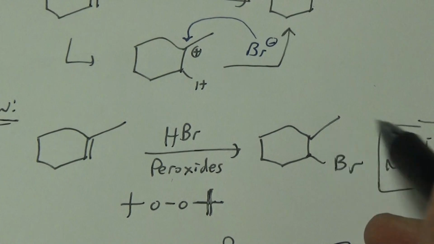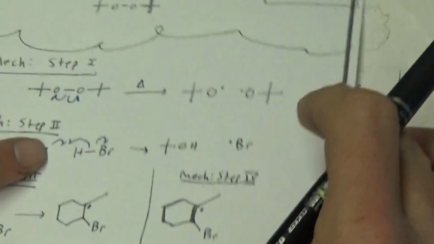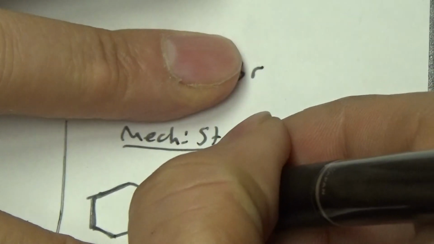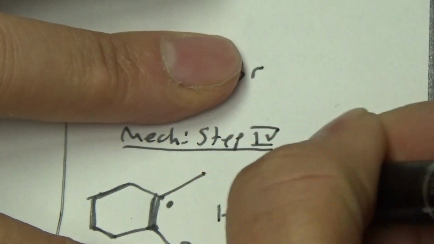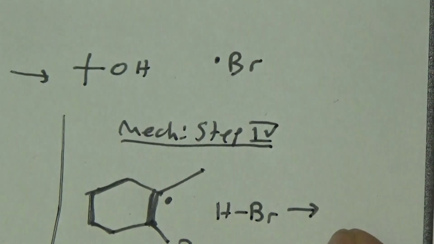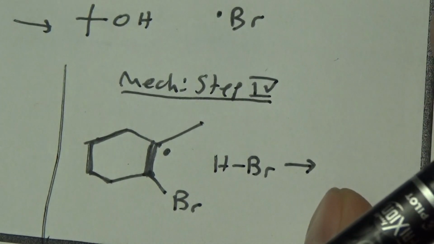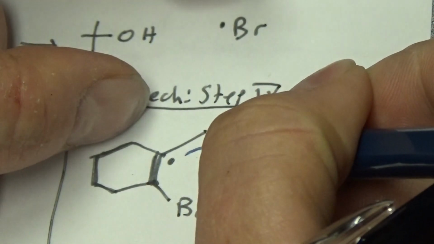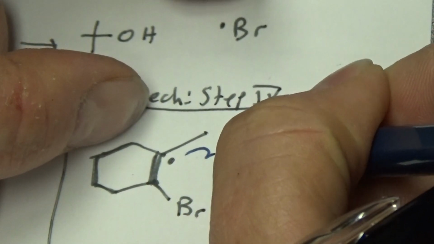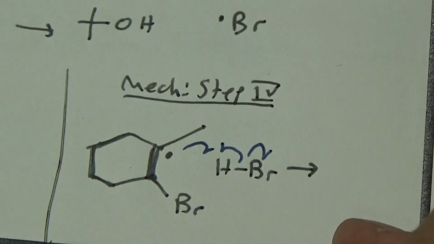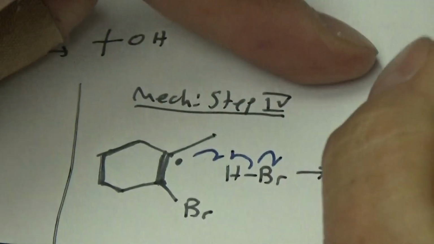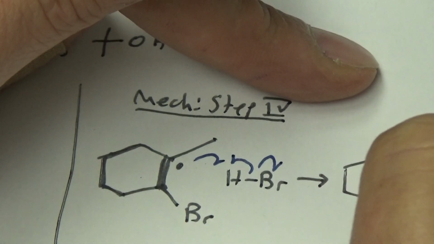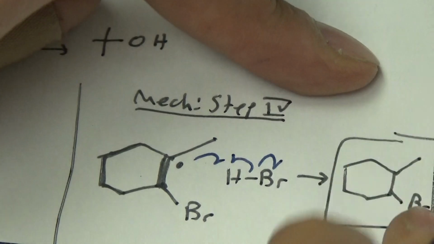You need to get an H at the tertiary position. So what's the last step? Mechanism step 4. Now the radical just rips off that hydrogen and creates a new Br dot. And what does that make? The final product. Okay, cool.